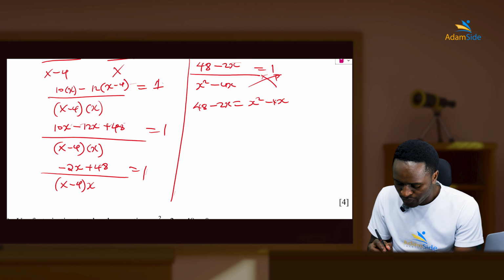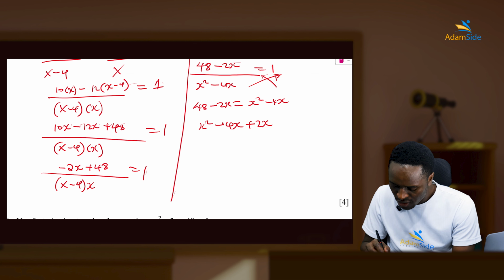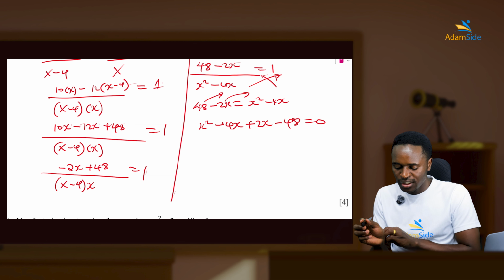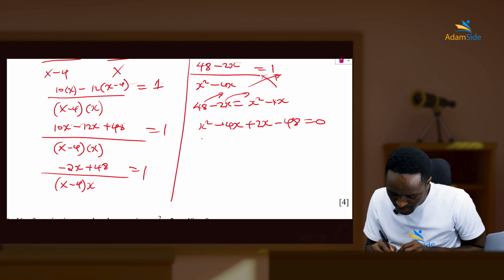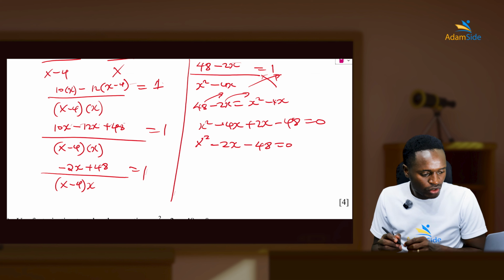Collect like terms: x squared minus 4x plus 2x, taking everything to the other side, minus 48 is equal to 0. Then x squared minus 4x plus 2x is minus 2x, minus 48 is equal to 0.